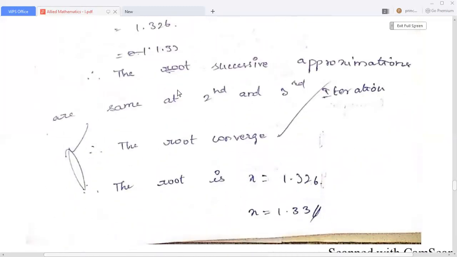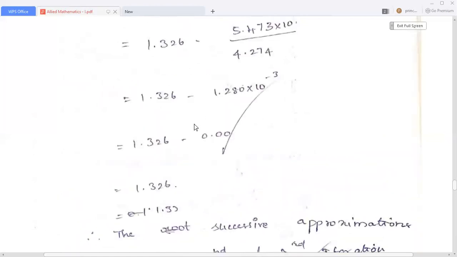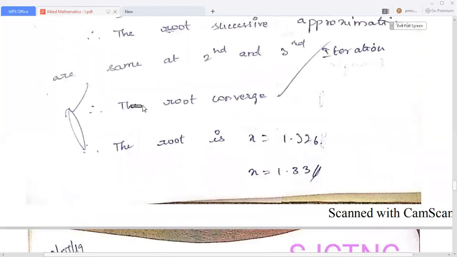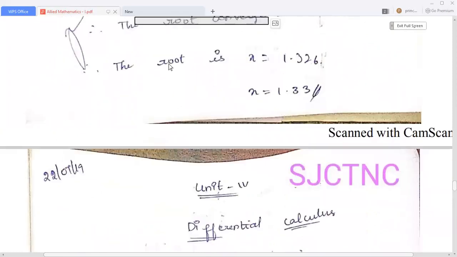Here, the successive approximations are the same at the second and third iterations correct to 2 decimal places. Therefore, the root converges. Therefore, the root is x equal to 1.33 correct to 2 decimal places.